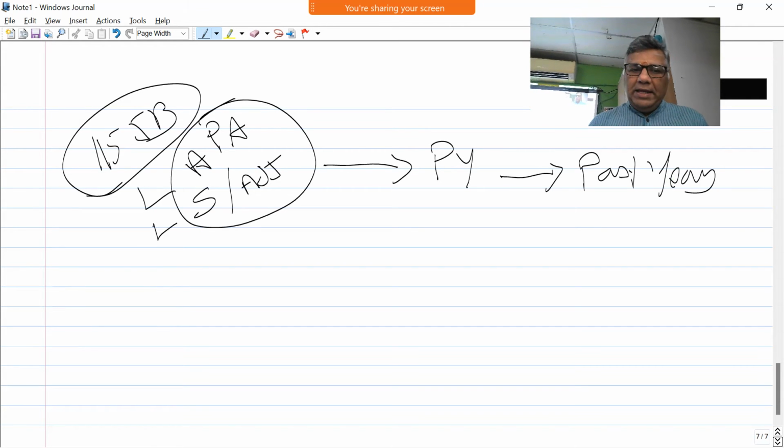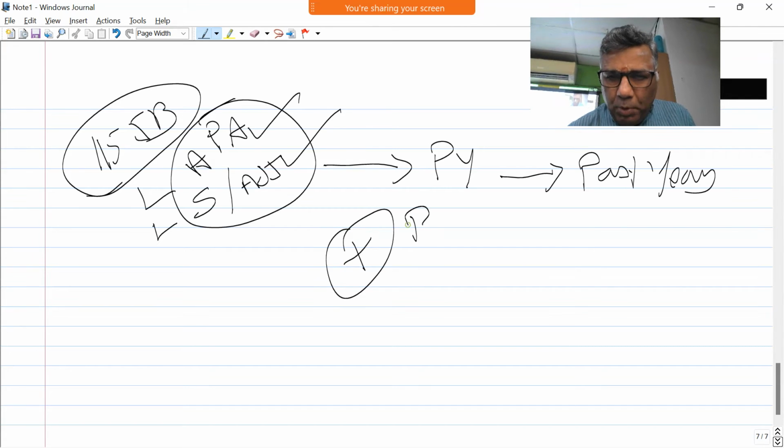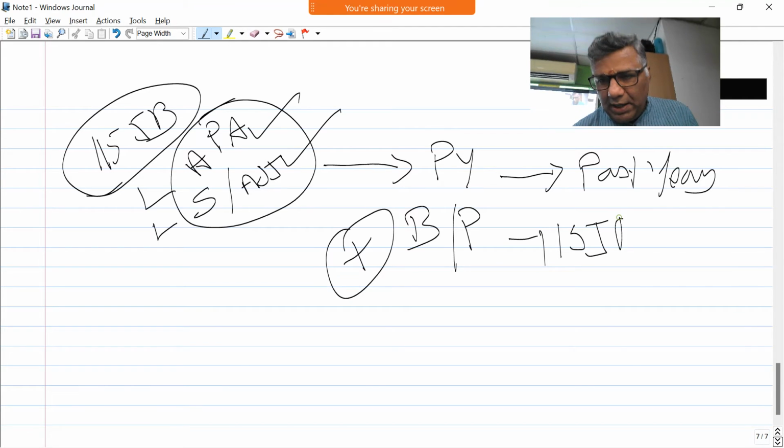The year in which you enter into APA, the year in which you make the secondary adjustment, for the past years also you will make it in the current year, because of which book profits will change under 115JB.